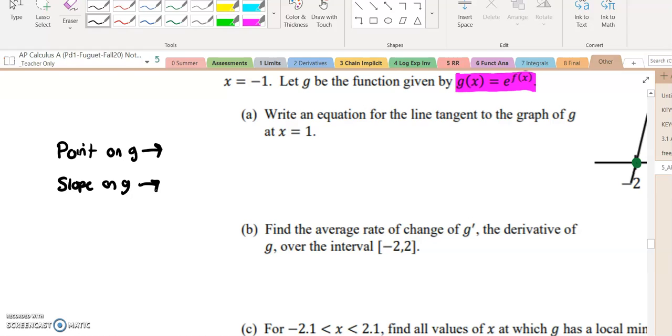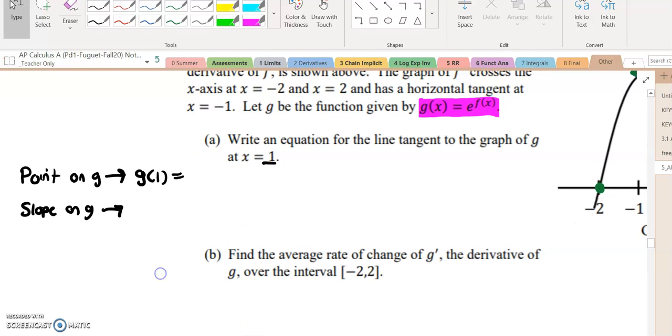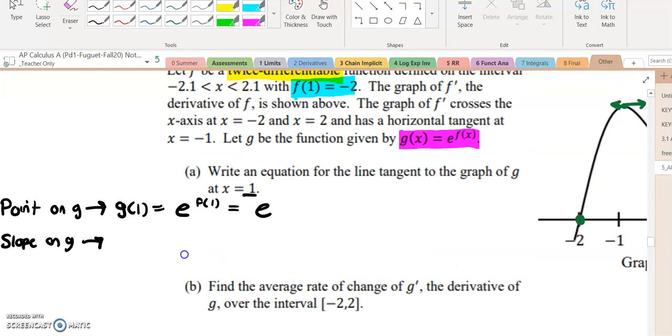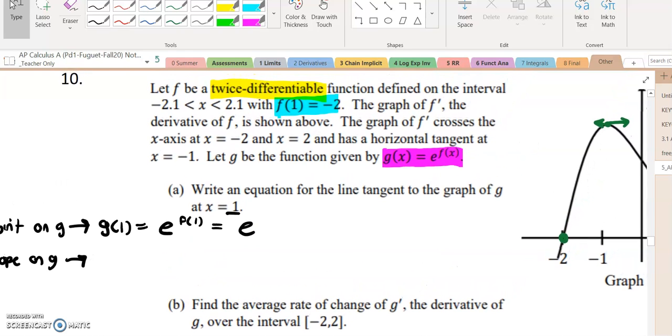The point: x equals 1, so we need to find what g of 1 equals, because that gives me the y value. g of 1 is equal to, according to the definition, e raised to the f of 1, and f of 1 is given up there in the blue highlighter. So that's e to the negative 2, which means my official point will be (1, 1/e²).